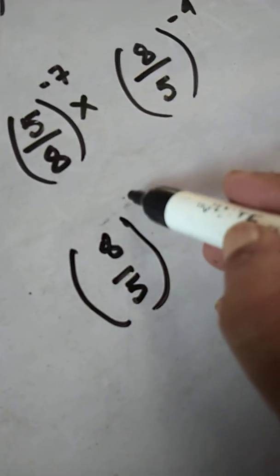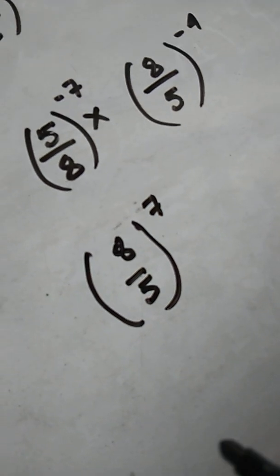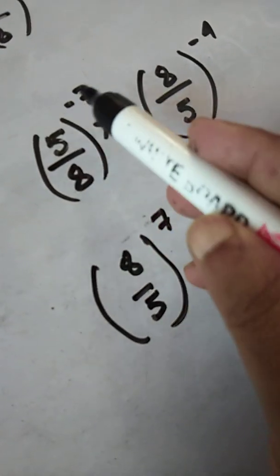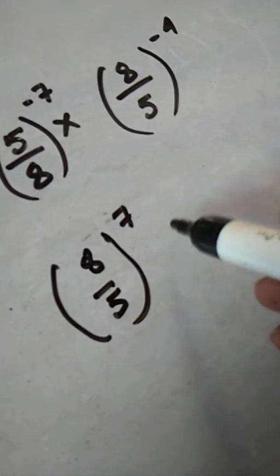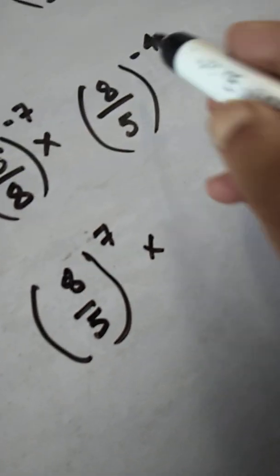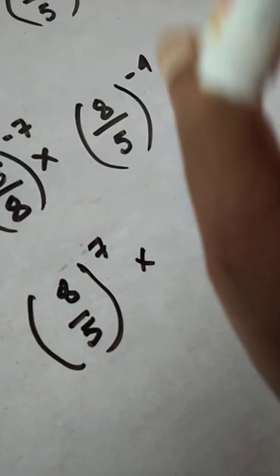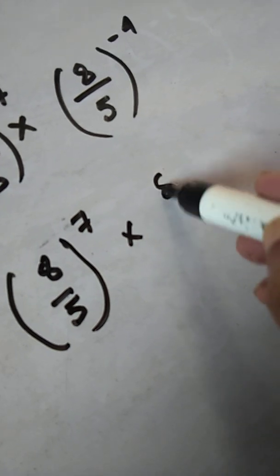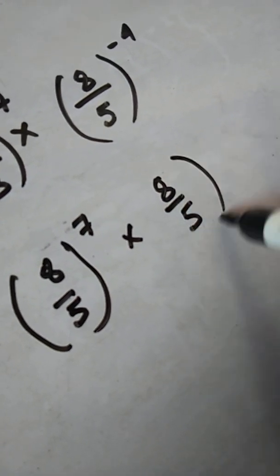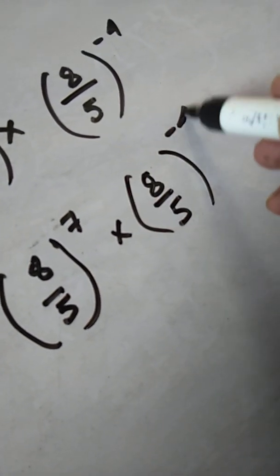So this will become positive, like this. If I do the reciprocal of this, then the power will become positive. And if I do not change this one, I keep 8 by 5 to the power minus 4.